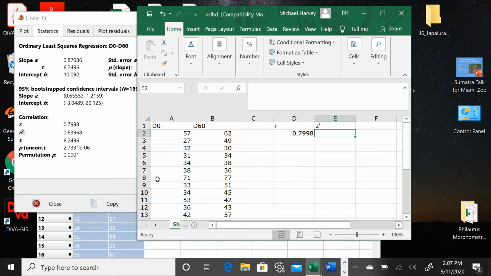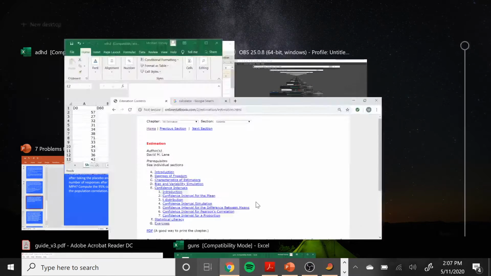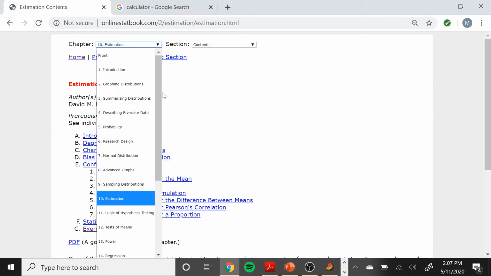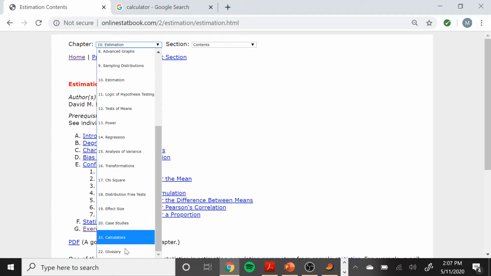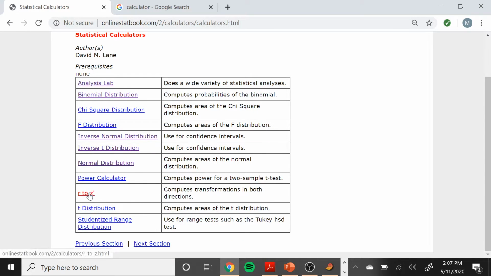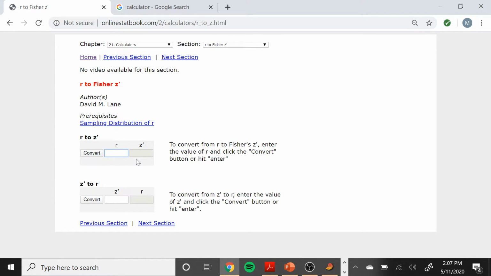All right, so let's first go into Lane's calculator here. Let's find the calculators, and we need Fisher Z. There it is.